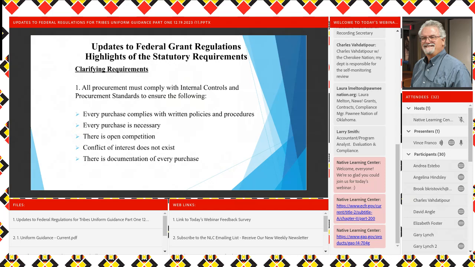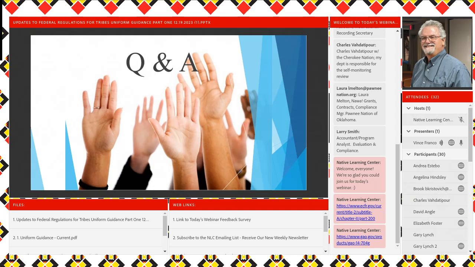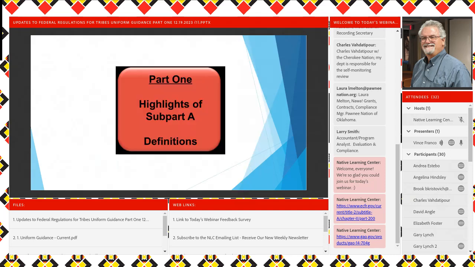The dollar amount, in my humble opinion, is irrelevant to what's happening here. We need documentation to justify our procurement. That's what compliance is all about: documentation and consistency. And after 12 years of doing that, I speak with some authority saying you've got to document everything you do all along the way. All right, questions.